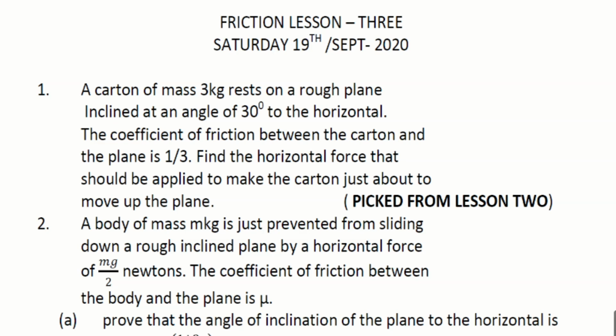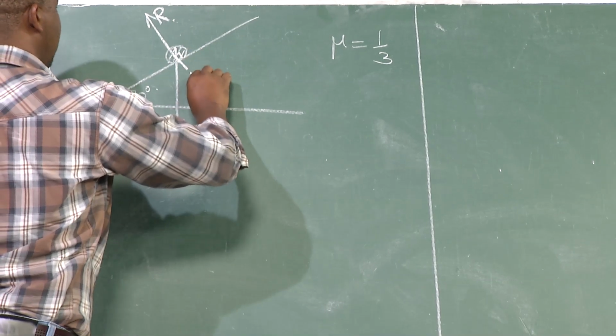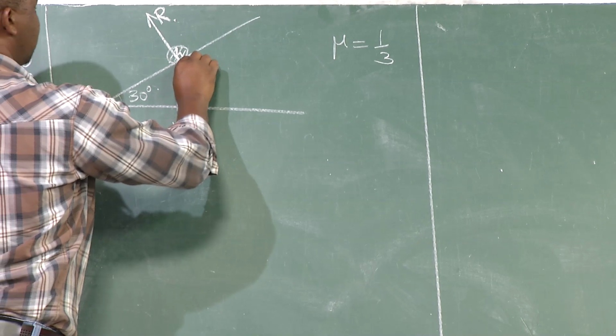We begin by indicating the forces acting. By indicating the forces acting, we shall have the normal reaction. Normal reaction, we shall let it be R. This acts perpendicular. That's why it is called normal, perpendicular to the plane. If we extrapolate this normal reaction, it gives us another force.